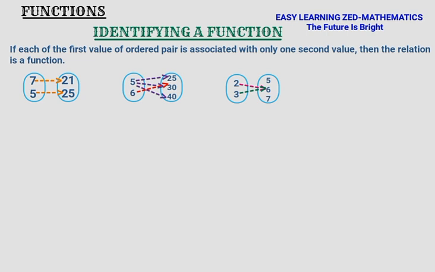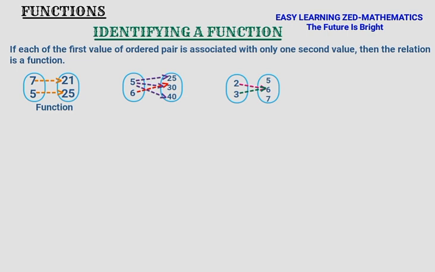So 7 is only associated with 21 and 5 is only associated with 25. Therefore, this relation is a function, because the domain is just associated with one range, or each element in the domain has just one image, which is 21 and 25 respectively. That is for 7 and 5.